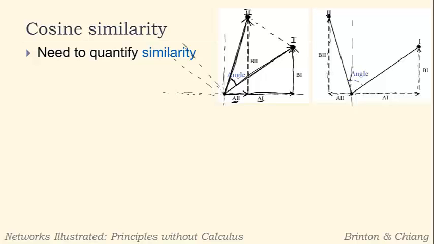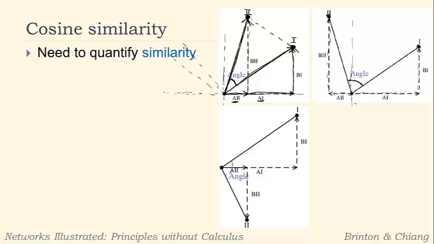Now this angle is getting a little larger, and you can see there's not any same directionality here because the users responded differently. So user A liked this movie, didn't like this movie. User B liked this movie and liked this movie. For user B, there seemed to be a positive correlation in taste, but for user A there seemed to be a negative correlation. So right here there's really no correlation at all.